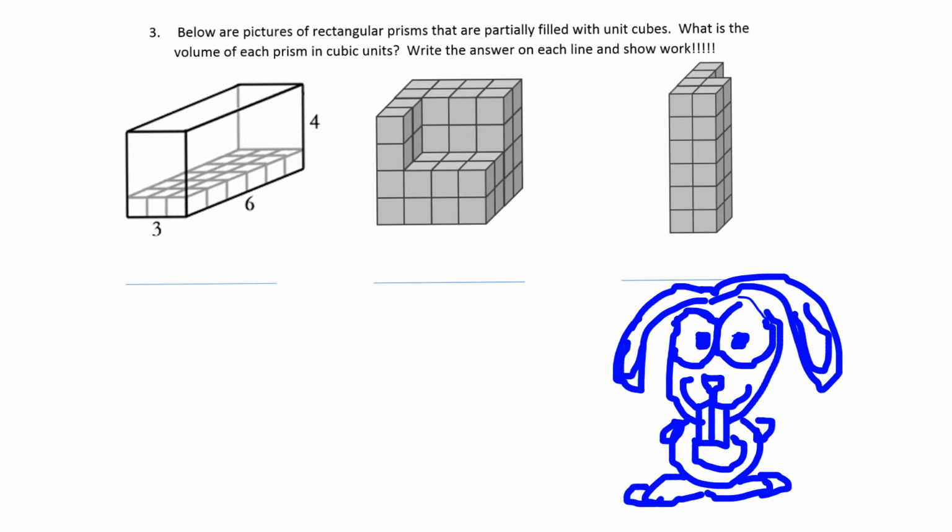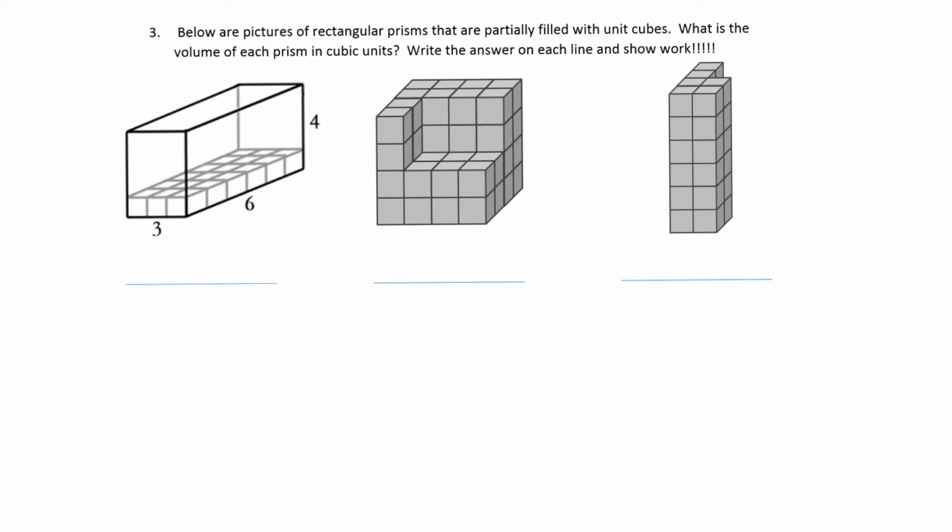Moving on, we have that volume is equal to length times width times height. Now, in this case, it looks like the width is about 2. And also, the length here is about 4. Now, you might say, Mr. Sims, how did you get that?